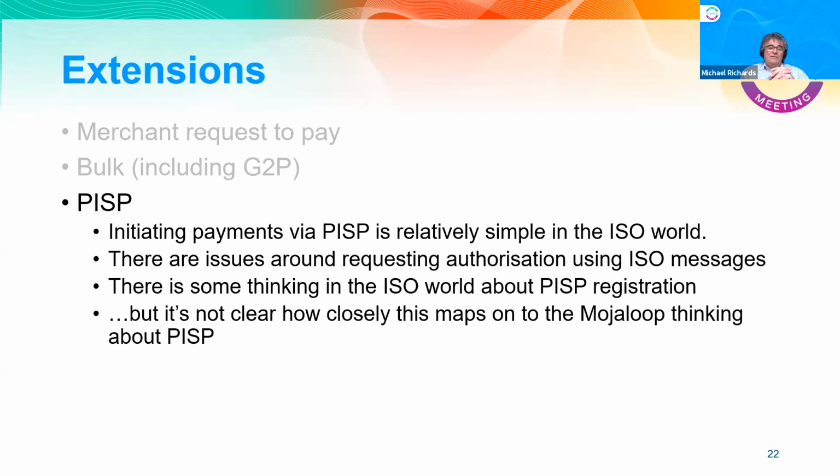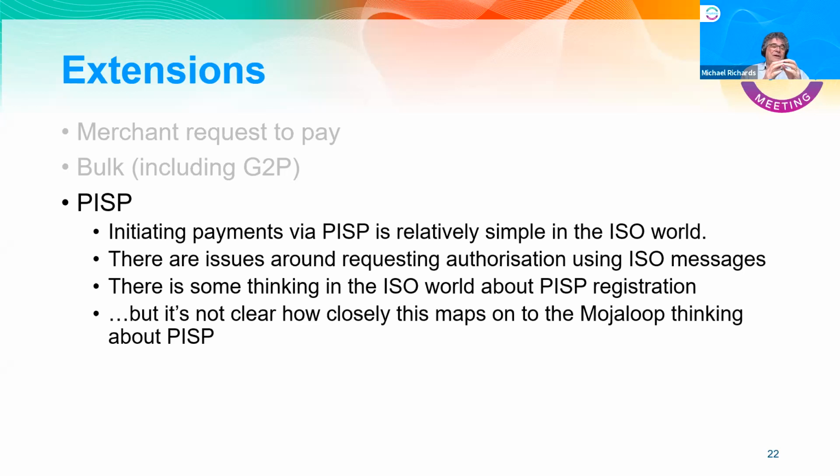And the other question is about PISP registration, and particularly how accounts are linked together between PISPs and account holders. There is some thinking on this, but it's not clear, or at least not clear to me, how closely this maps onto the thinking that we've been doing about PISP. So I think there's some effort and work that needs to be done in that area.